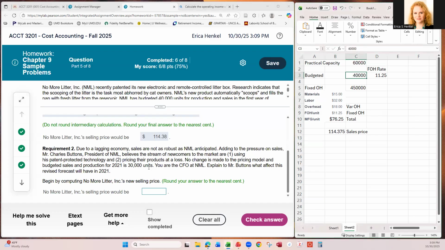So remember what we were just talking about as far as absorption costing and using your master budget amount to allocate that out. If we then budget fewer units, what would happen to our rate? We would end up charging $15 here, right?